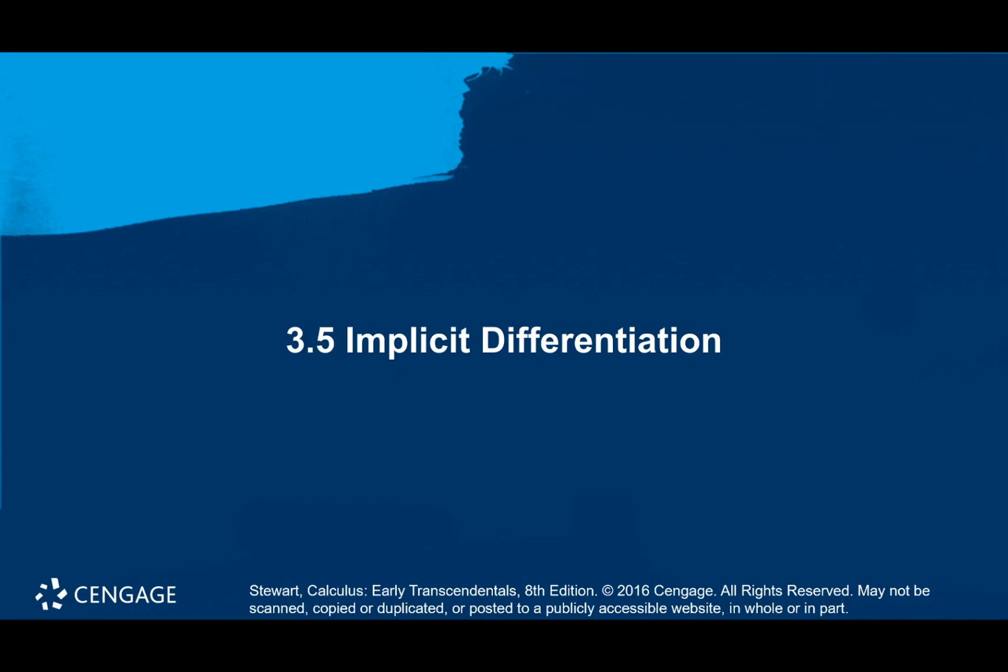Okay, let's see. So we have another one of those sections where we don't have a lot of slides, so we'll be mainly doing examples. We're going to talk about a slightly different way we can find the derivative, called implicit differentiation.